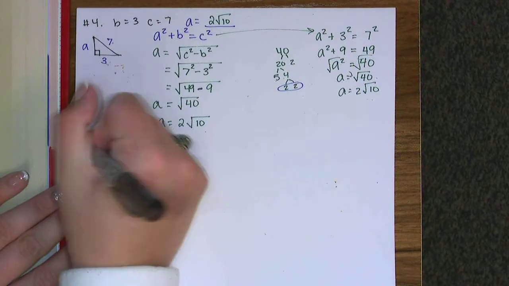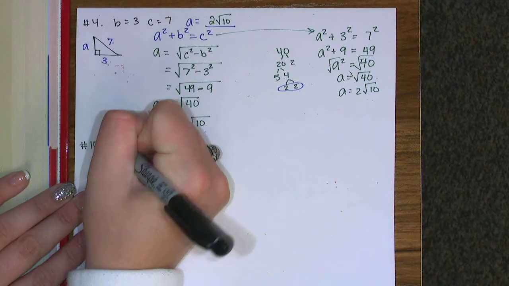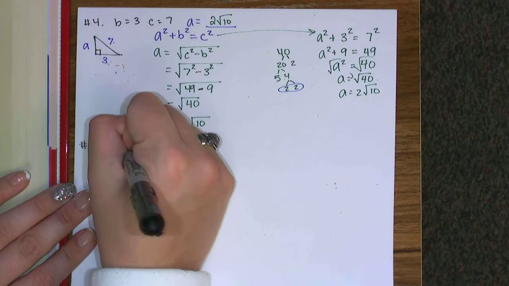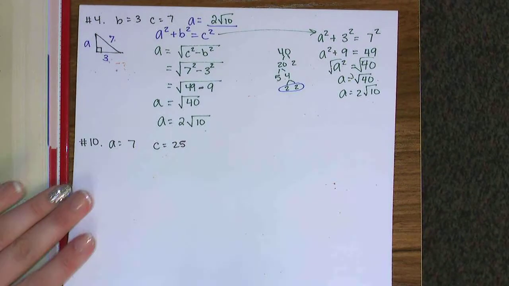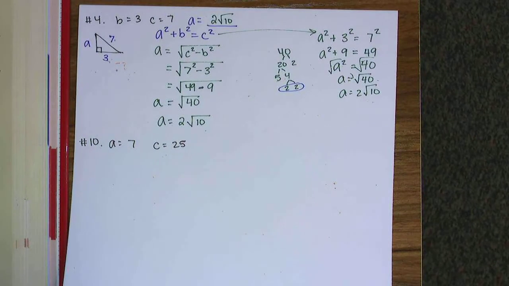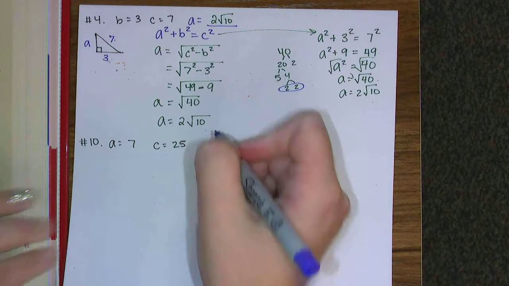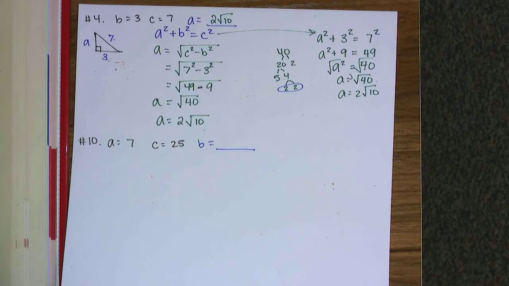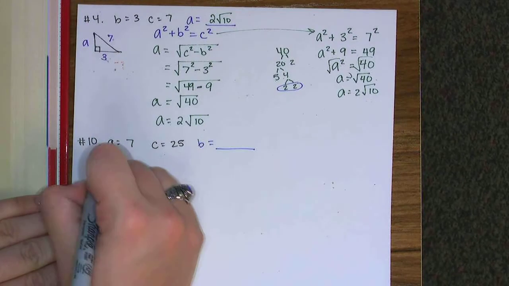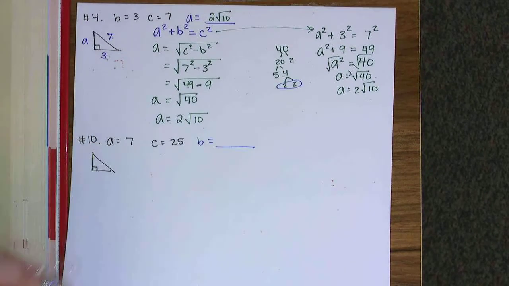Yeah, we haven't done that one yet. A is equal to 7 and C is equal to 25. All right. So I need to know what B is. So I'm going to draw my triangle here. Put in my right angle.